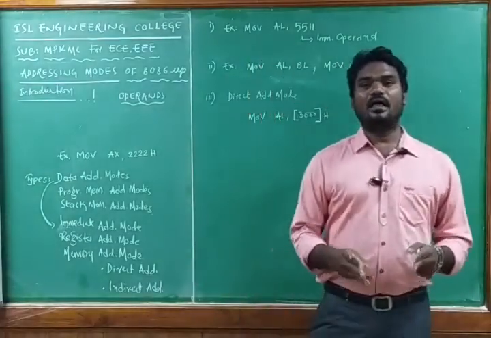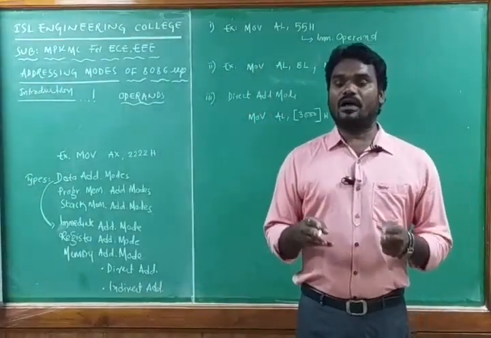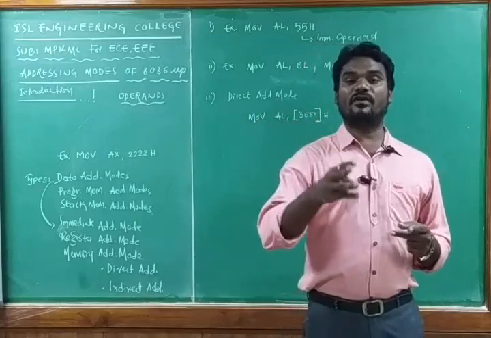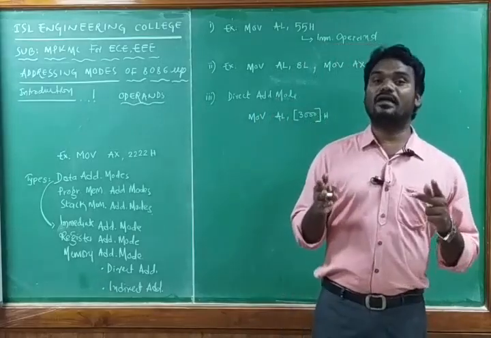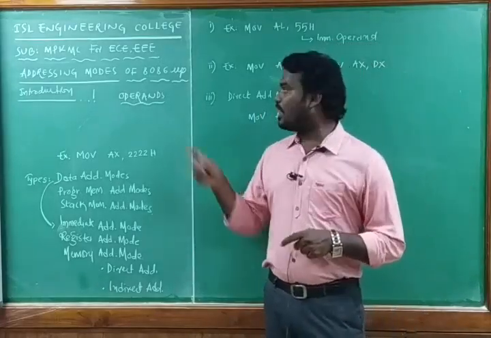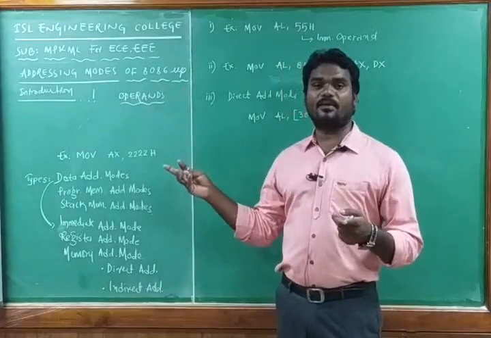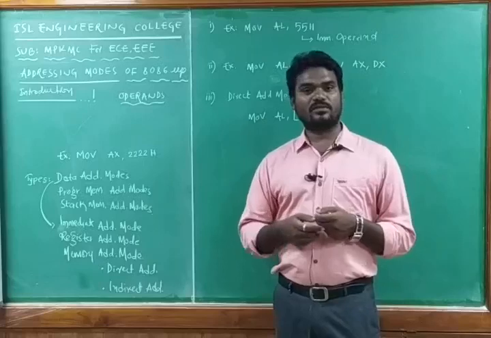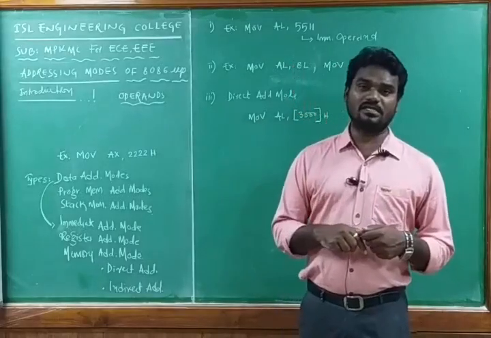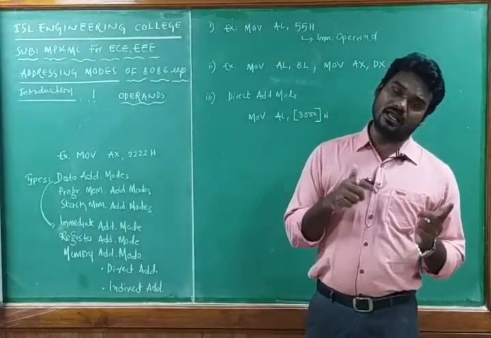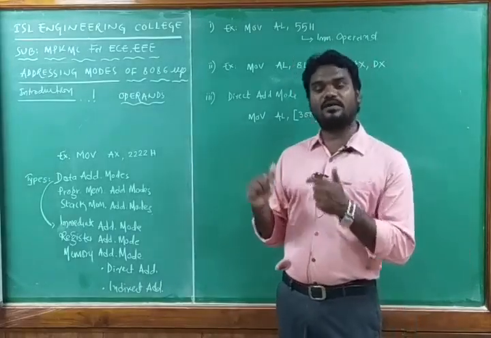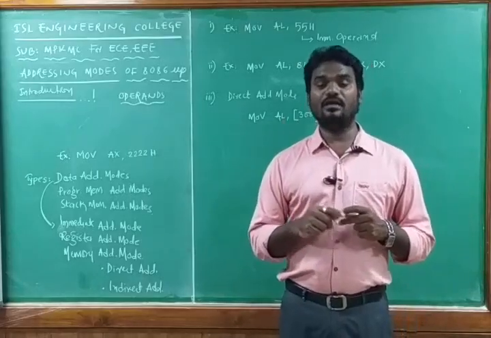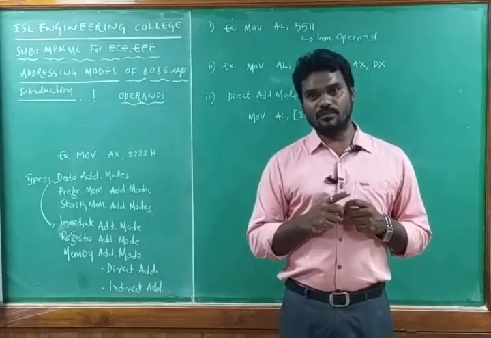The operands we can have either inside the microprocessor or outside the microprocessor, and in some cases both inside as well as outside, when this microprocessor is interfaced with 1 megabyte of memory.